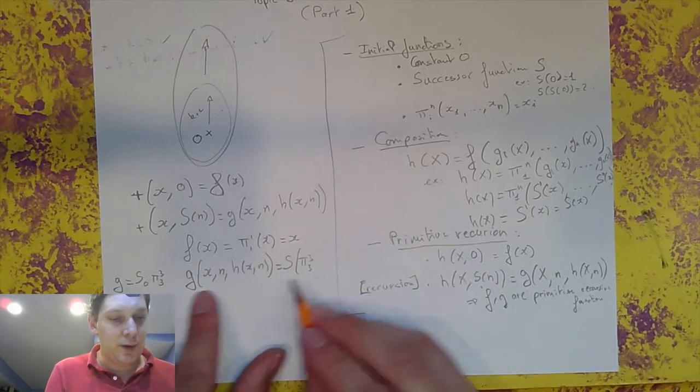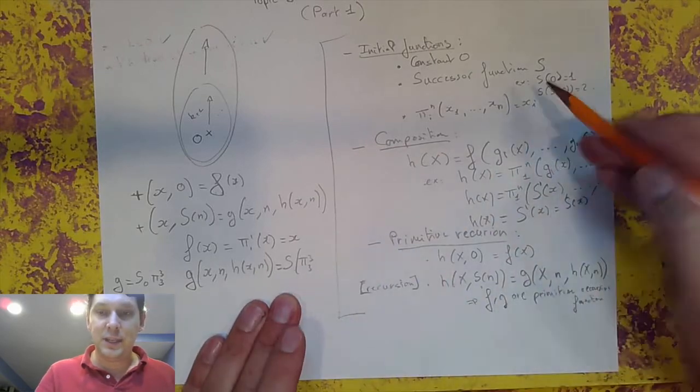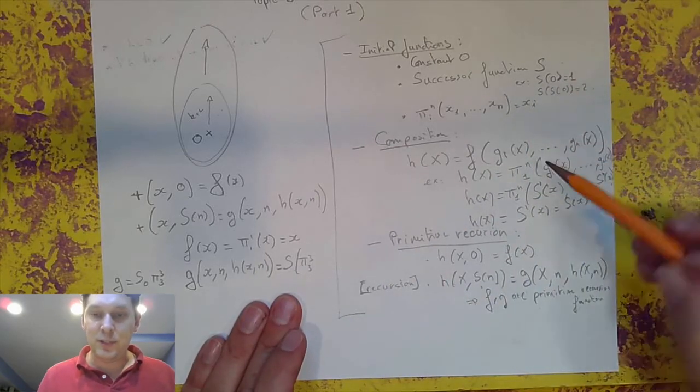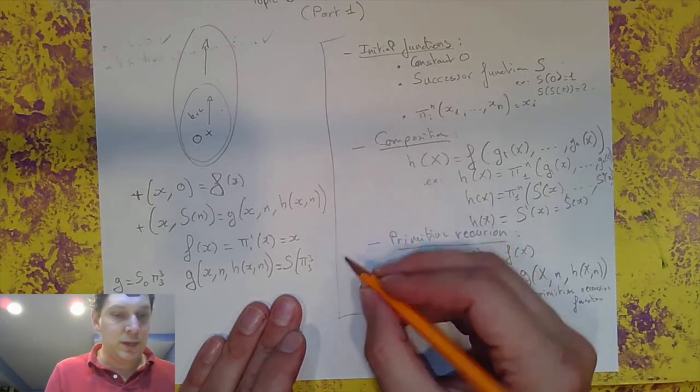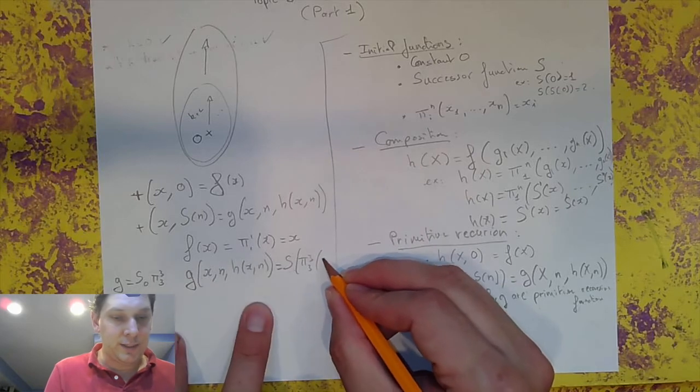That's my g. I replace g by that. That's how I define it, which is okay because I'm using the successor function and the composition, which I'm allowed to do. And I apply that, therefore, to all of this.